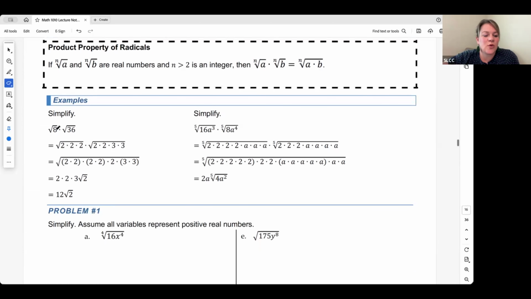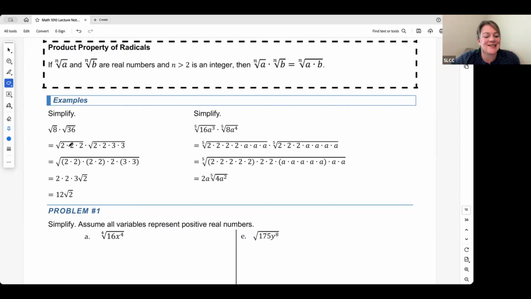Look at the example of the square root of 8 times the square root of 36. If you break that down into the prime factors, you'll see I have 3 2's and then 2 2's and then 2 3's. If you put it all together, then you can look for your groups. I have 2 groups of 2 2's and then 1 group of 2 3's.